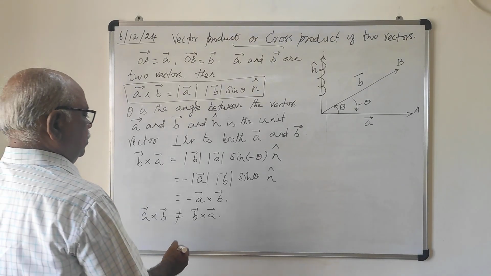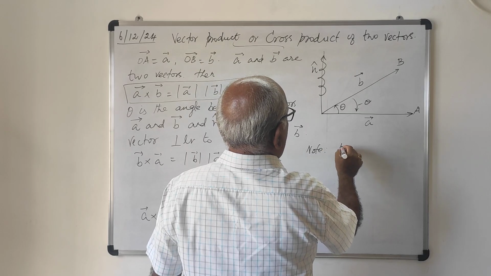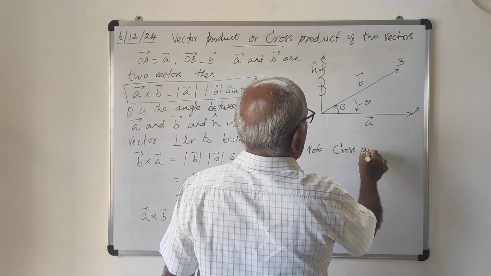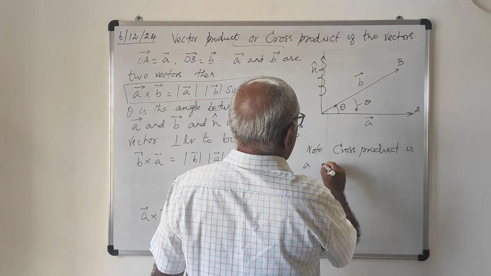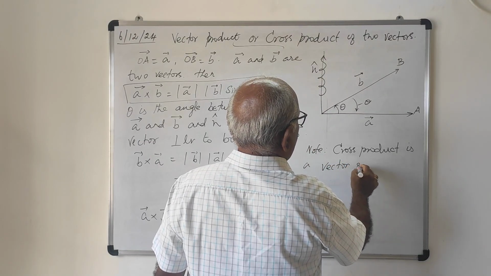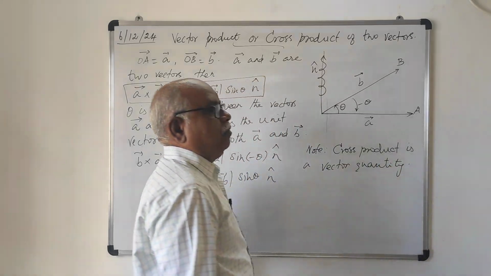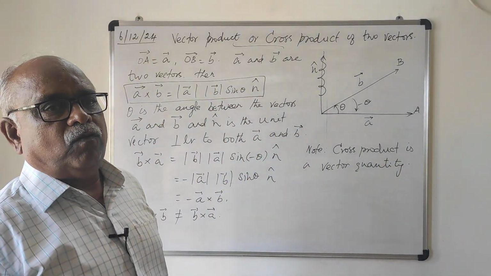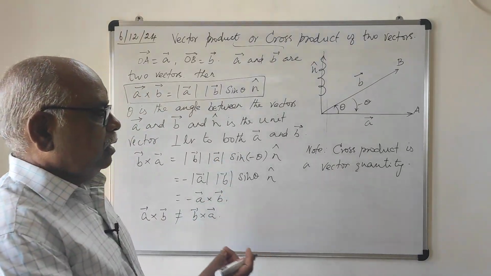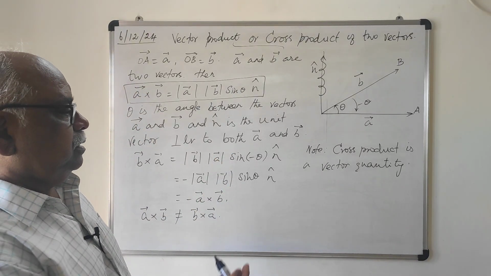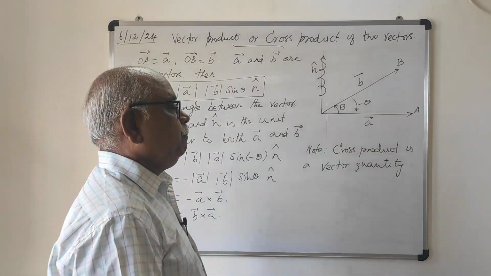Also, note vector product is a vector quantity. Cross product is a vector quantity. For example, acceleration, velocity, force, these are vector quantities.